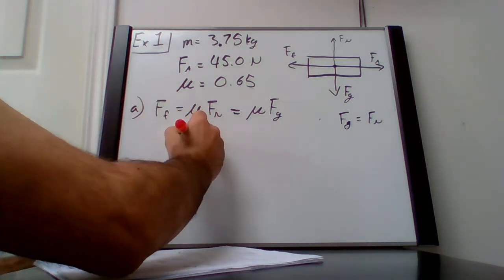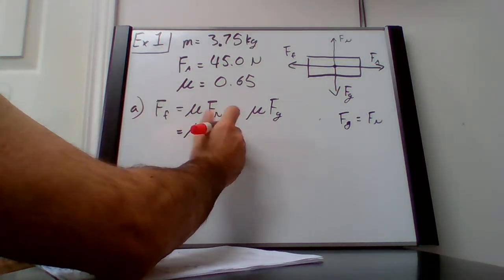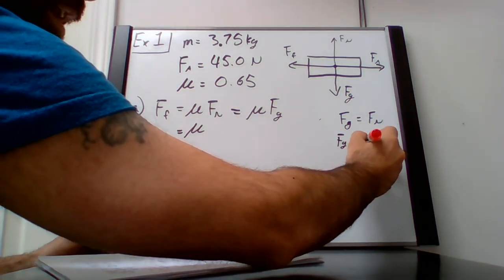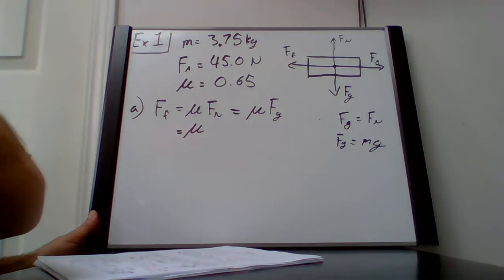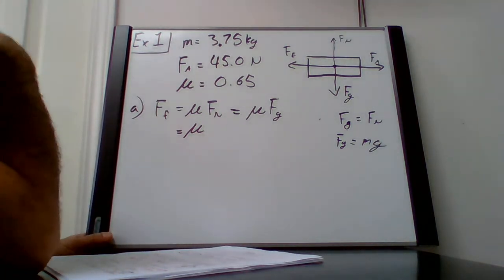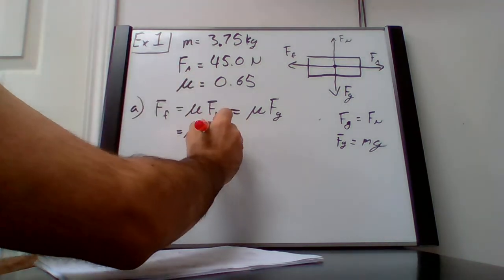Now remember, Fg is just m times g, mass times gravity. If it doesn't say anything, we're dealing with Earth, and so we know gravity is 9.81.